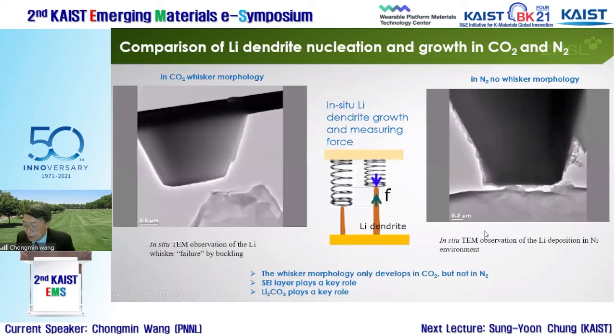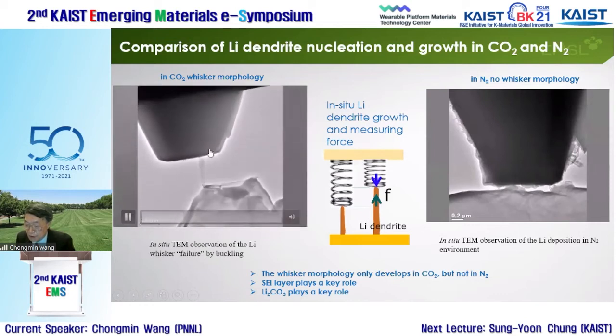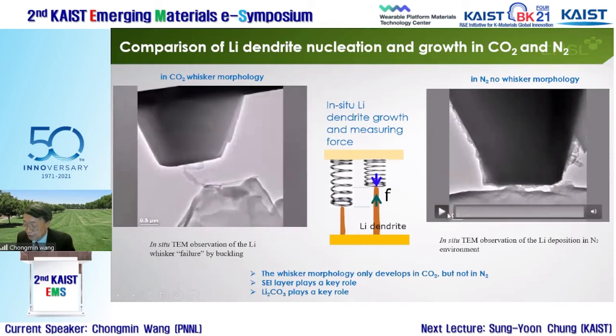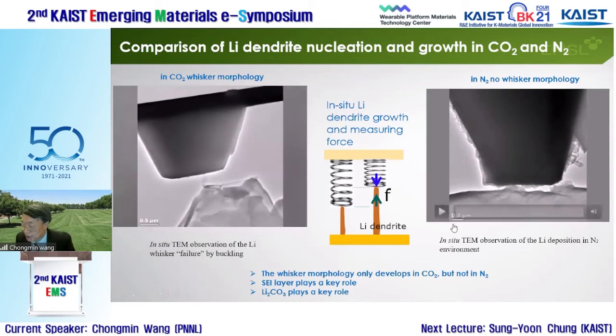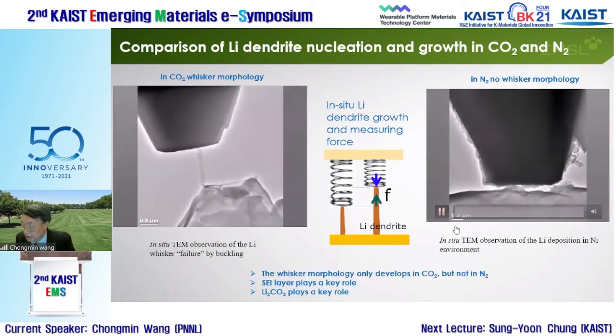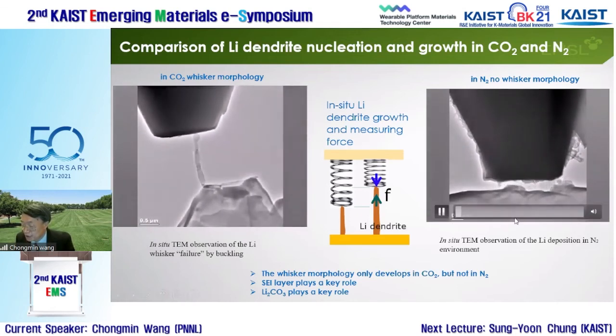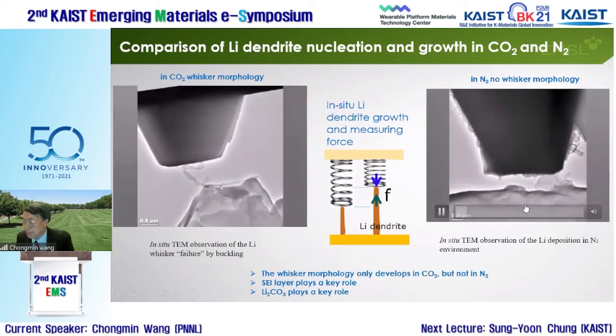So as I mentioned, I showed you different gas environments, and this is in carbon dioxide, and indeed you can see the whisker morphology formation here, similar things. And we just wondered, if we put it in nitrogen, what's going on here. You can see that in nitrogen, we never see whisker growth.